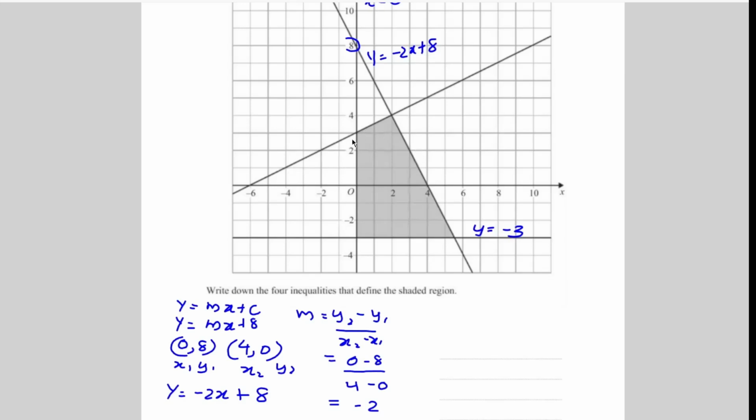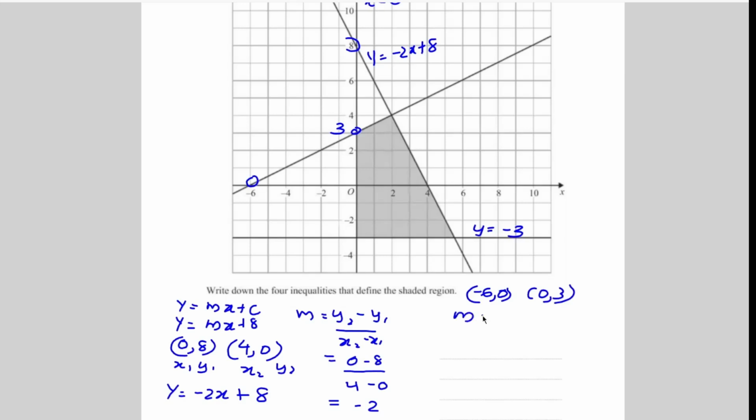This one. The y-intercept here is 3. Let's get this coordinate, which is minus 6, 0, and this one, 0, 3. Let's get the gradient.